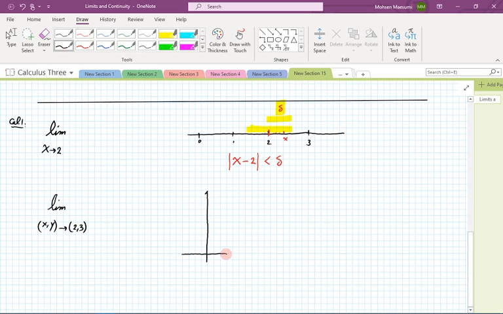So the central place we have said 1, 2, and say 3. This is the point 2, 3. So again, if you think about that example of a dog, you have a leash of size delta. So let's draw.